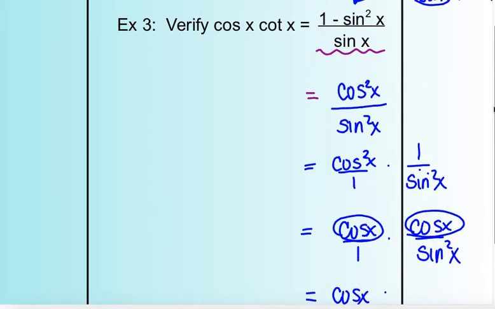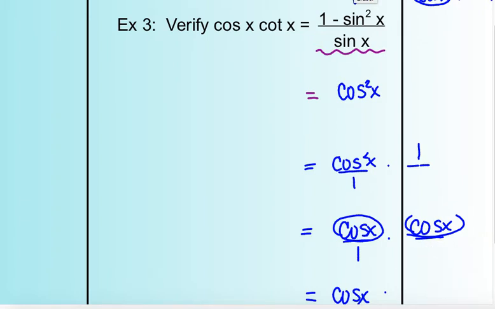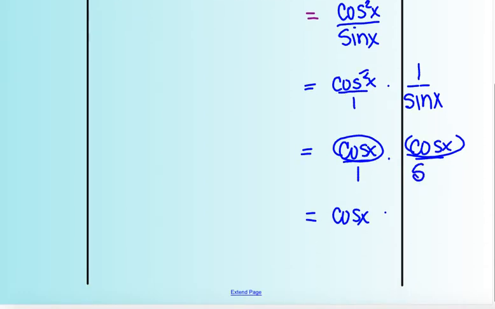Let me check here. This should be the sine of x. No wonder I was trying to take a break here, going, what's going on? Let me fix that for a second. Go ahead and fix yours. This should be the sine of x, and then this should be the sine of x.